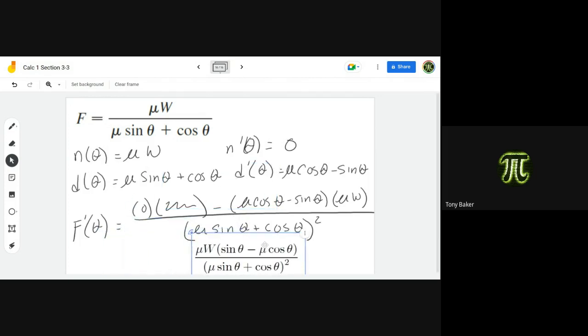Which reduces down to that. When you clean it up, that's what you get.